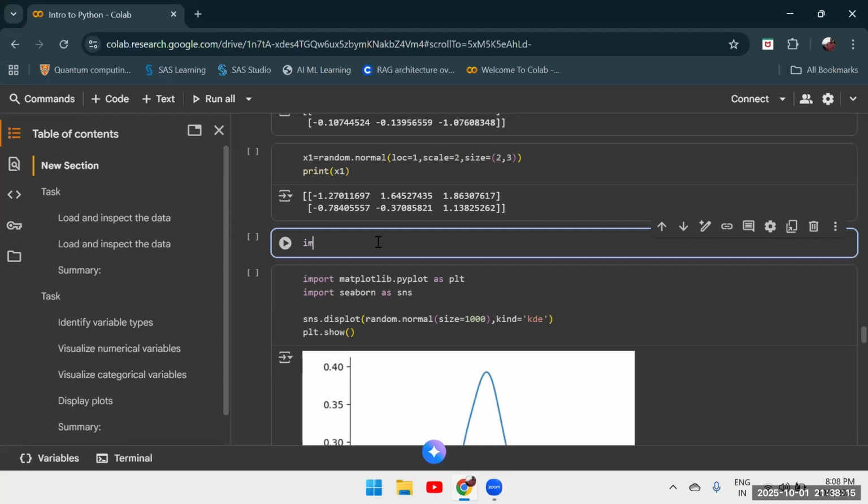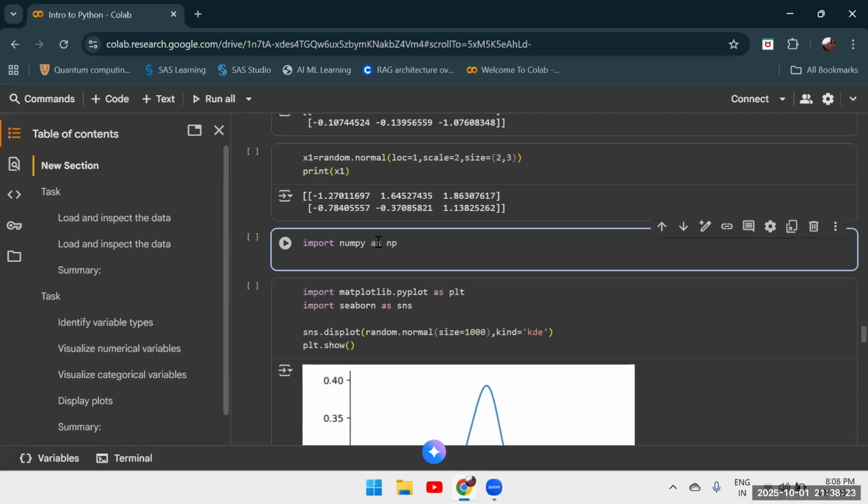So what is the package that I need to import? I'll be importing NumPy as np. And next, I'm going to declare the data.